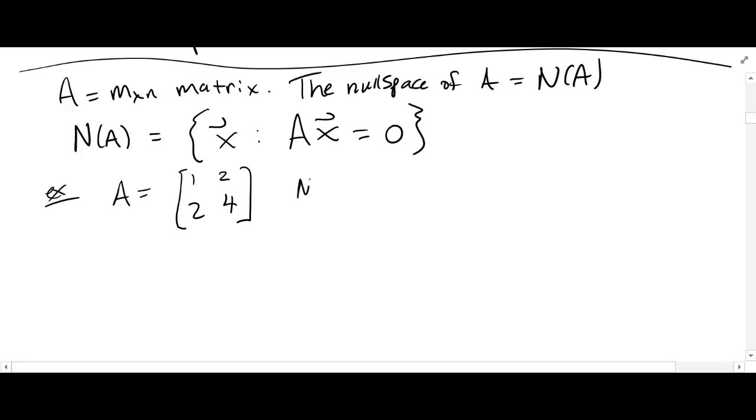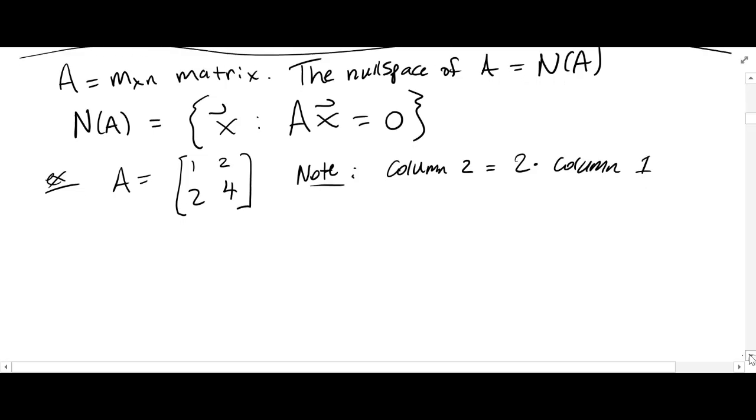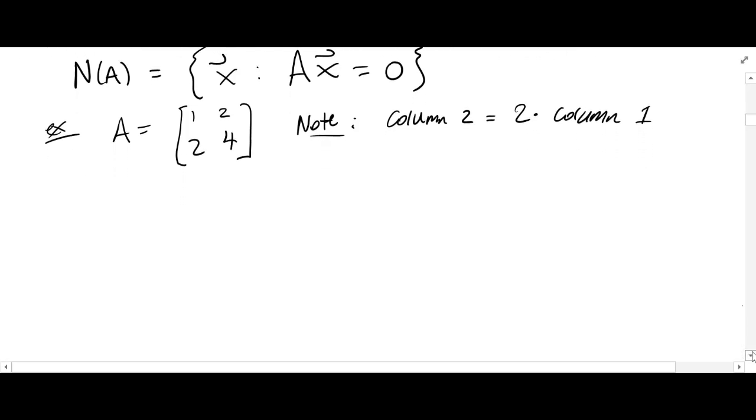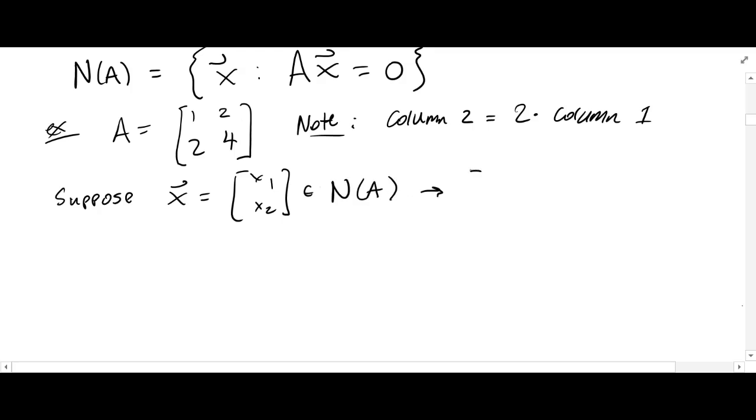Notice that the second column of A is just 2 times the first column of A. Maybe we want to find the null space of A. So suppose x, which has these components x1, x2, is in the null space of A. And that means that [1, 2; 2, 4] times (x1, x2) gives you (0, 0).